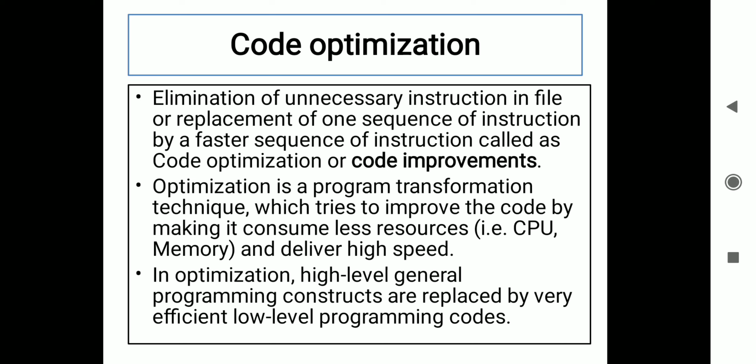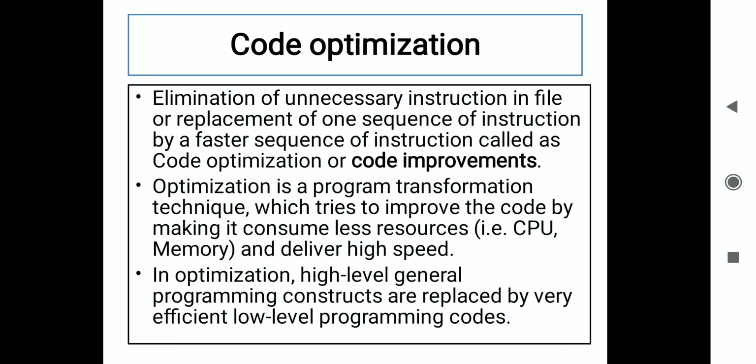So basically optimization is known as code transformation, which tries to improve the code by using fewer resources. And while we are doing the transformation, high-level programming language constructs are replaced by low-level programming code.